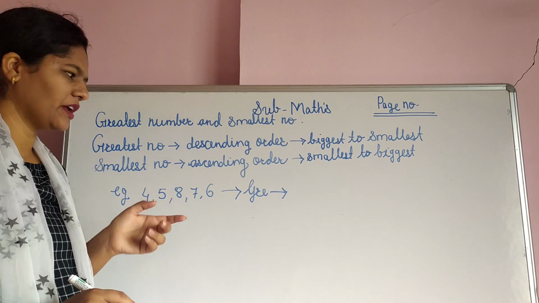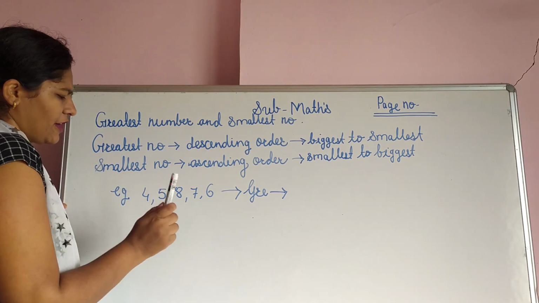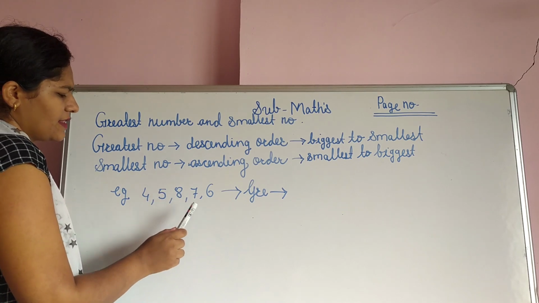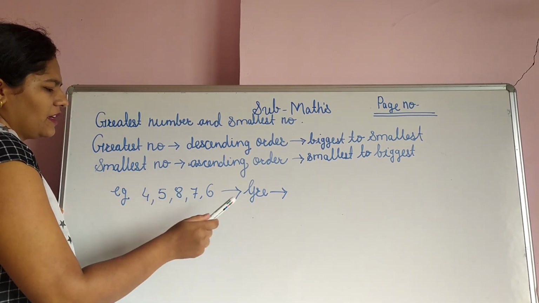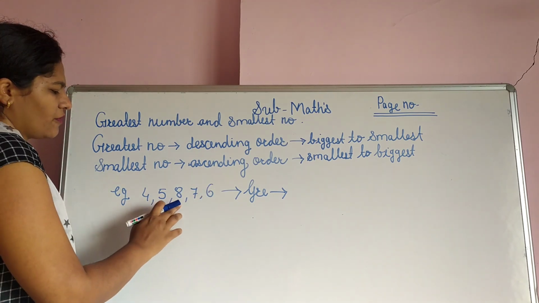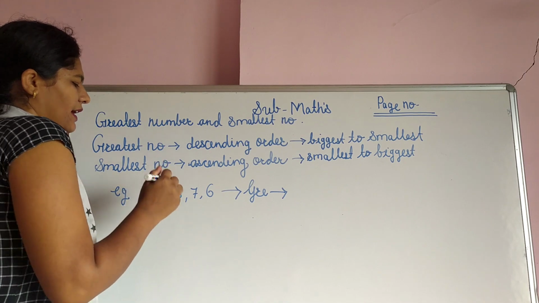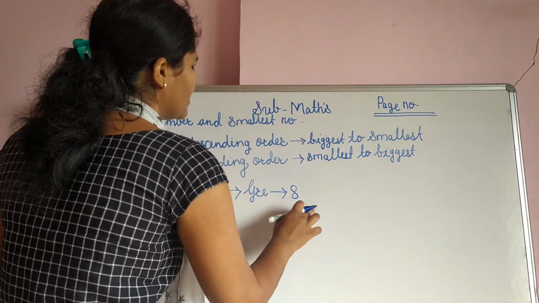Descending order means big number first. So here which digit is big? Is 4 big? No. Is 5 big? No. 8 is there. Is there any digit bigger than 8? No. 7 is small and 6 also small. So firstly which number do we write here? 8. So this is the biggest number.